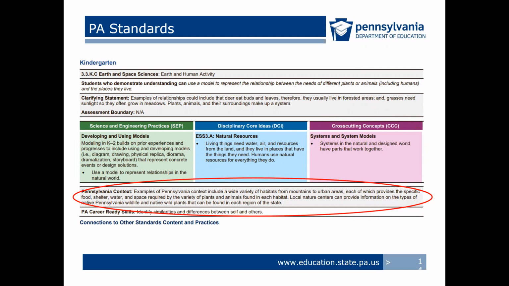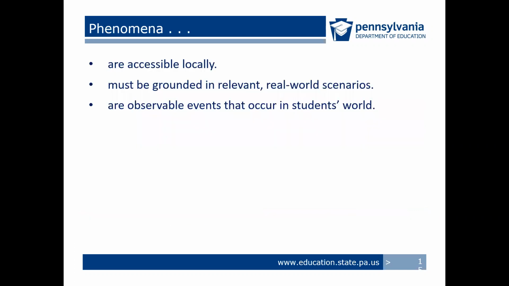Underneath this is looking at Pennsylvania context, or ways that we can focus this to make things a little more relevant for students. There will be all kinds of little hints in here, different types of things. The other part that goes along with this is a great place to look at phenomenon.